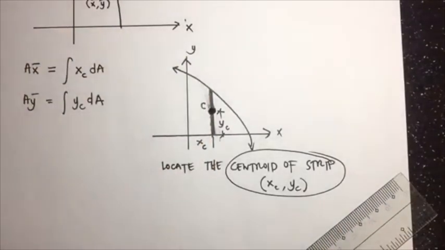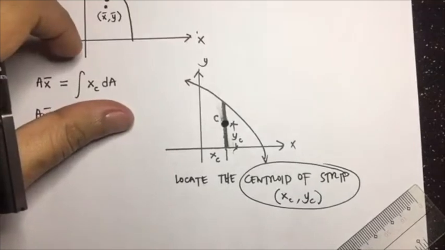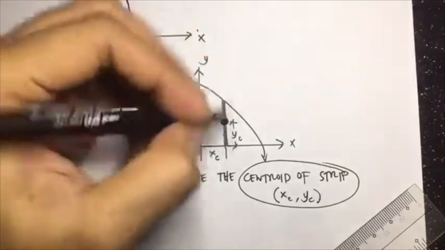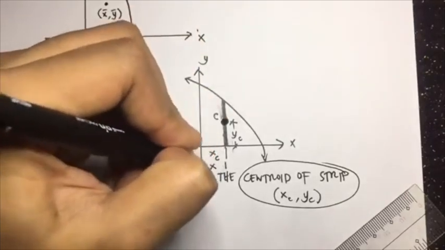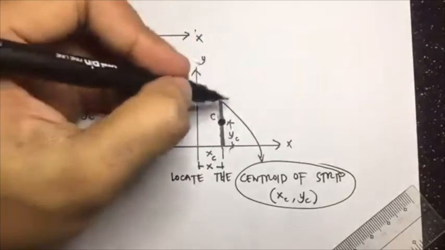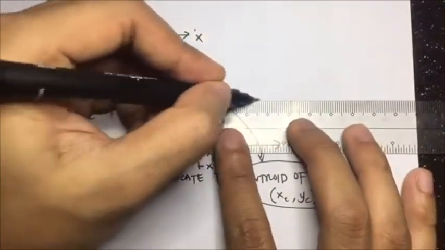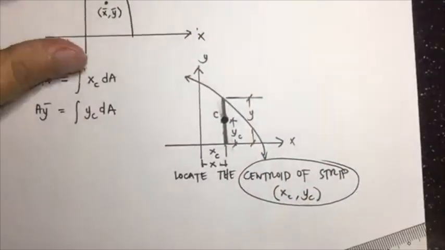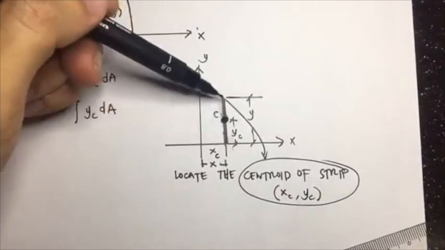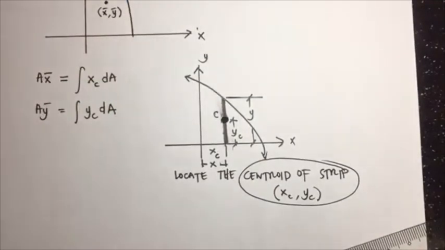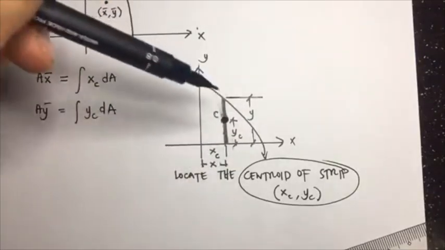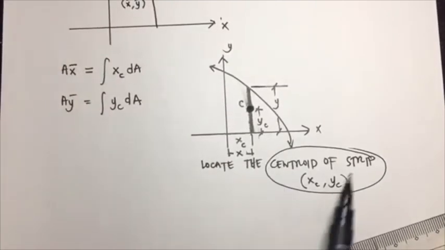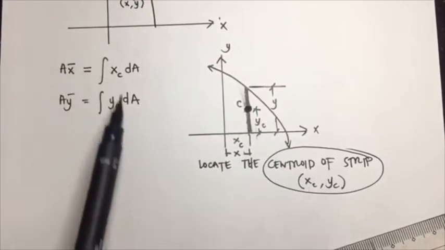Based on that figure, xc will correspond to x, and yc will correspond to 1/2 of y, since this length is y. Therefore yc is 1/2 of y. Again, that will depend upon the figure, but basically, all we need to do is locate the centroid of the strip for xc and yc.